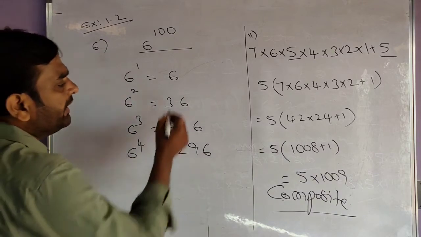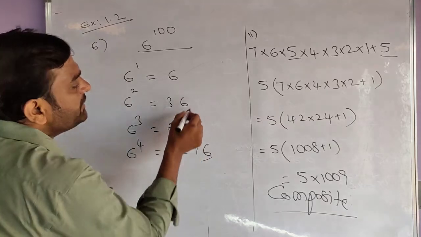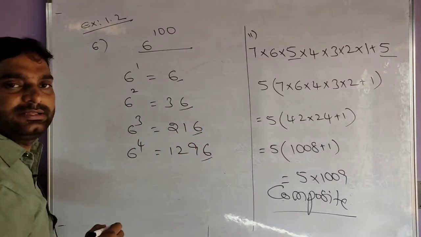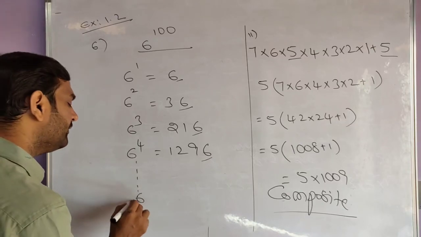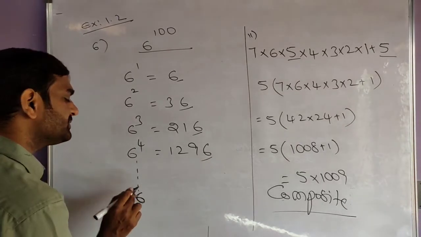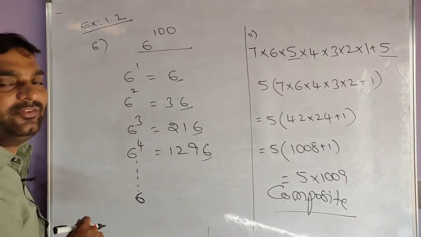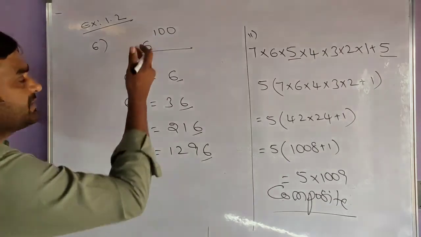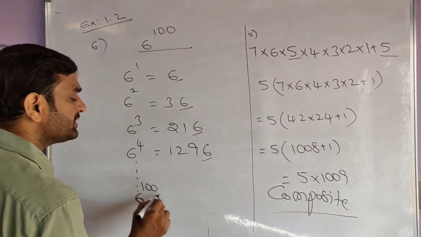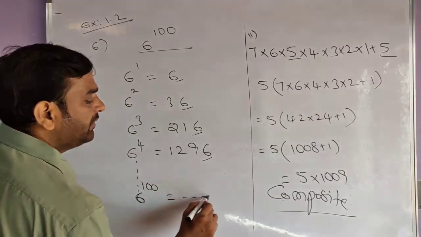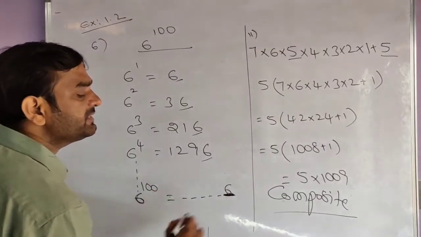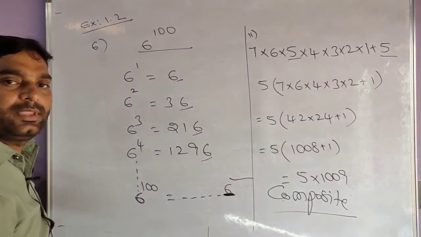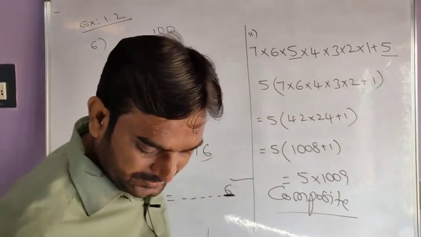In all of these, what is the unit digit? 6. So by that we can say that for any natural number, 6 power n ends with 6. The question asks about 100, so 6 power 100 ends with 6. Here the unit digit is 6.